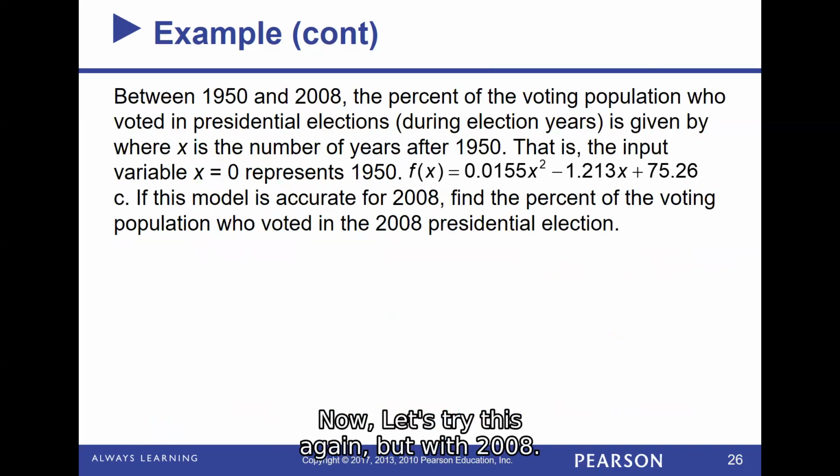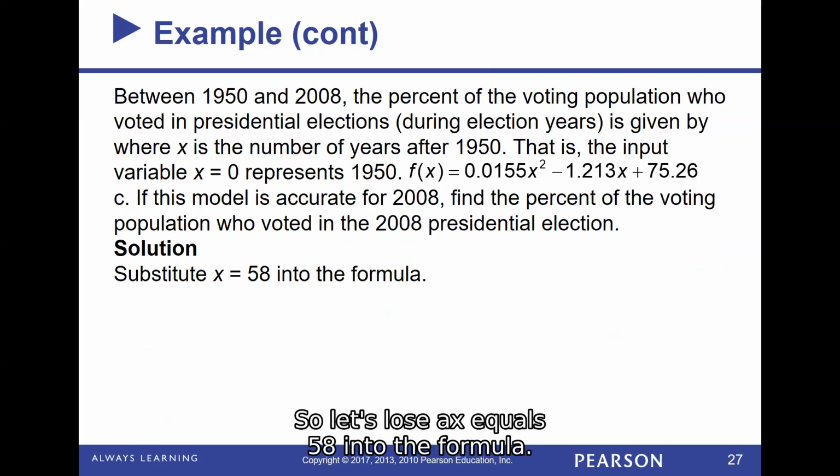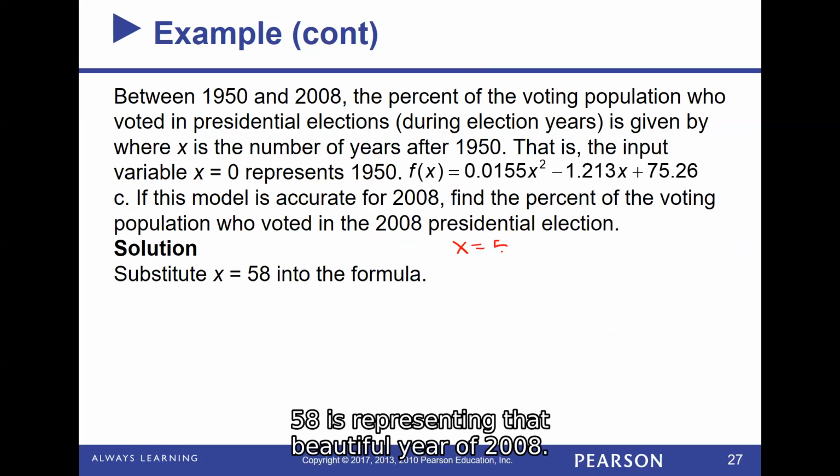Now let's try this again, but with 2008. Is this model actually going to be accurate, and what would that percentage be? Let's use x equals 58 in the formula. This x equals 58 represents that beautiful year of 2008.